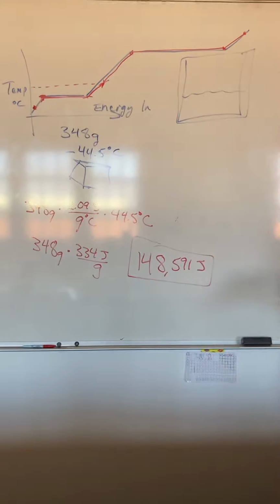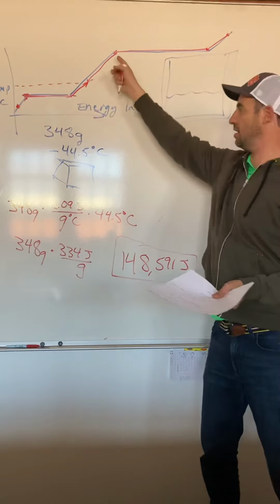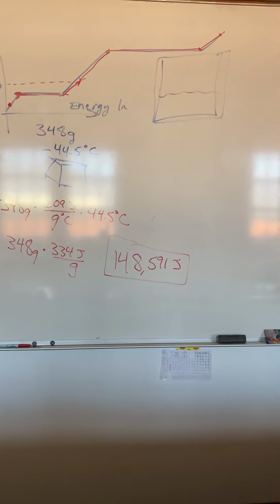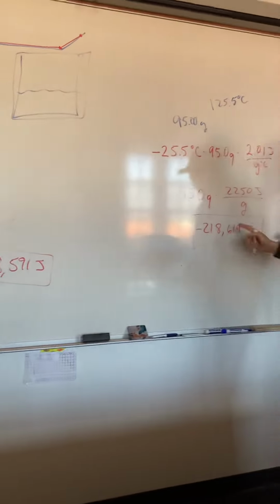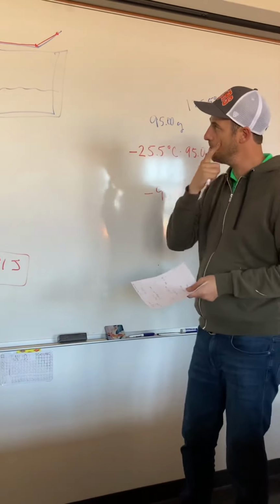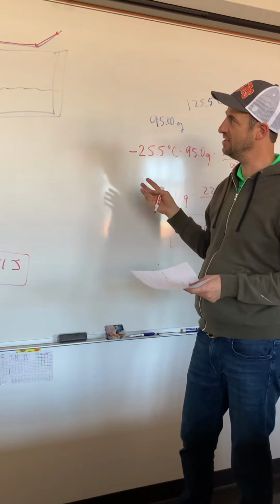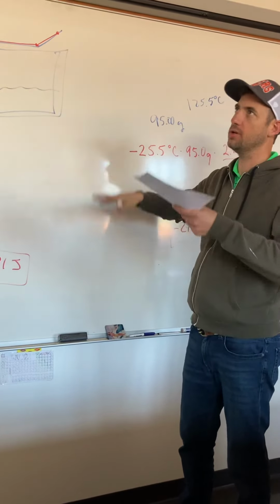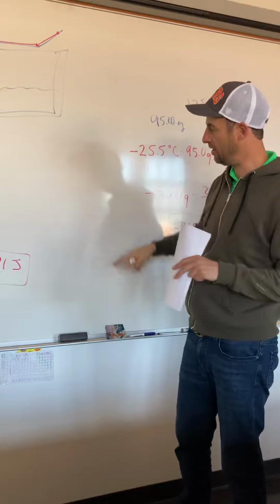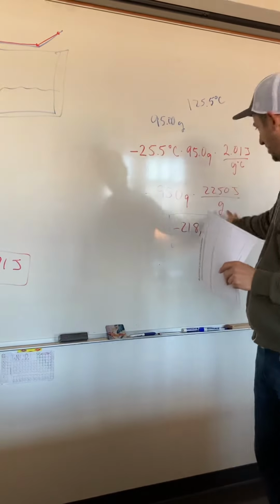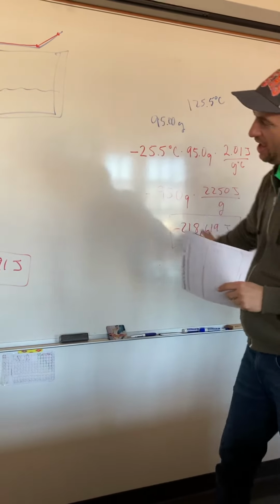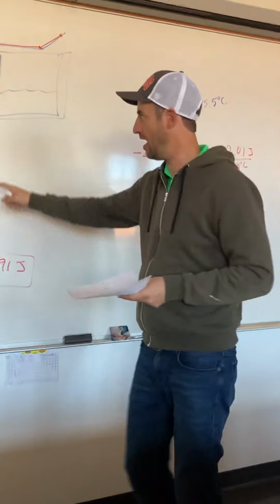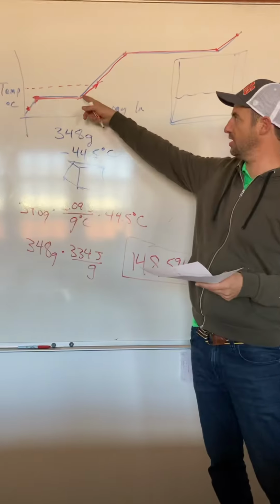So to get the ice from here to here, I have to put in this much energy. And to get the steam from here to here, this much energy has to come out. Notice that they're not the same. So in order to start from an even playing field, I need to take some of this extra energy and put it into that water at 0 degrees.